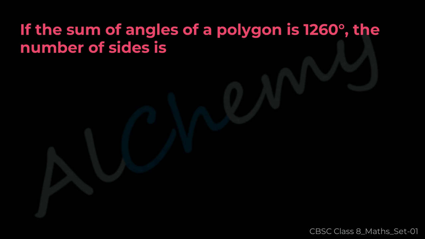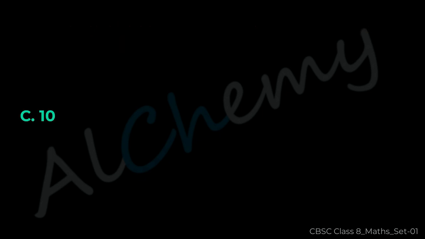If the sum of angles of a polygon is 1260 degrees, the number of sides is A 8, B 9, C 10, D 11. The correct answer is C, 10.